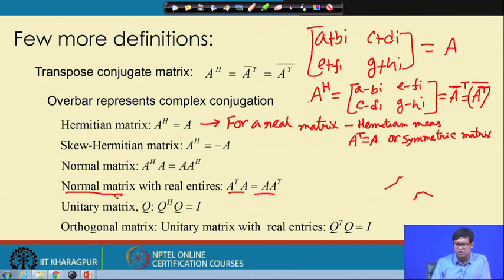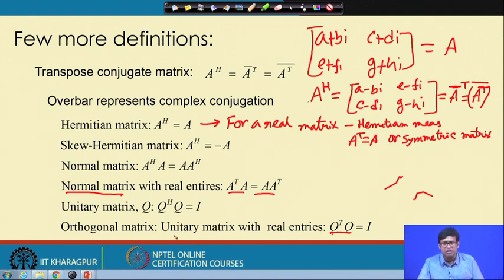A matrix is called a unitary matrix if its Hermitian multiplied with the actual matrix gives an identity. Again, for a real matrix, Hermitian is replaced by transpose, and then we call this matrix an orthogonal matrix.